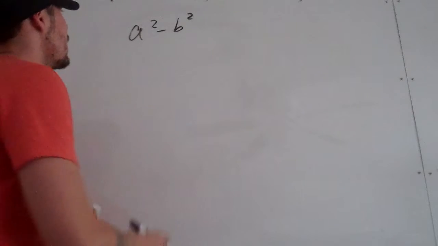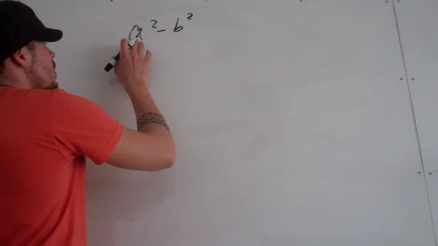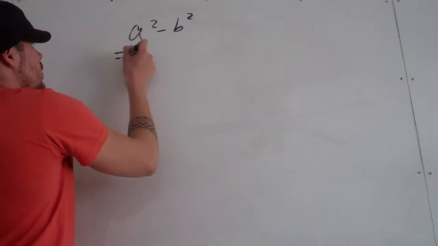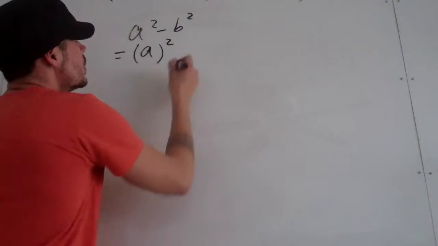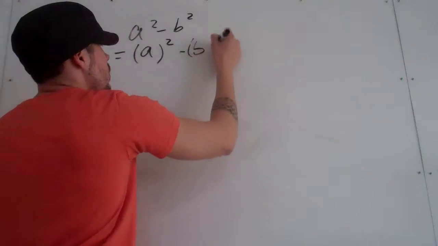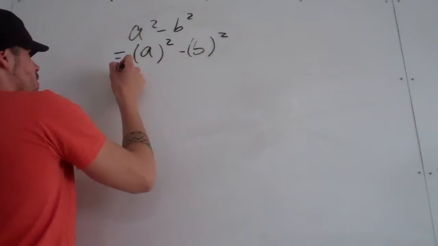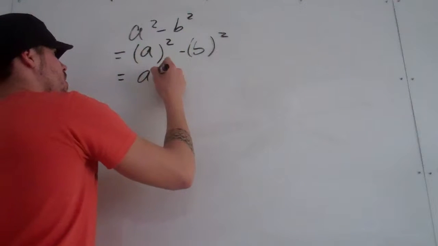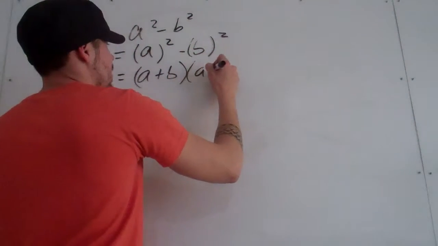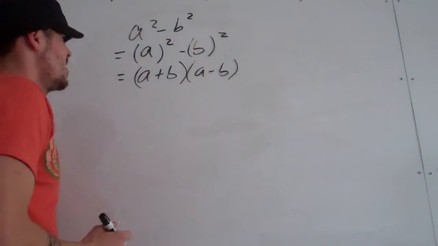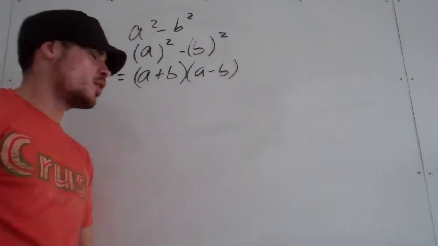Well, not a problem, because we can rewrite this as a squared minus b squared, which is equal to a plus b times a minus b. And you say, wait a minute, how do we do that? I'm going to go over it for you.